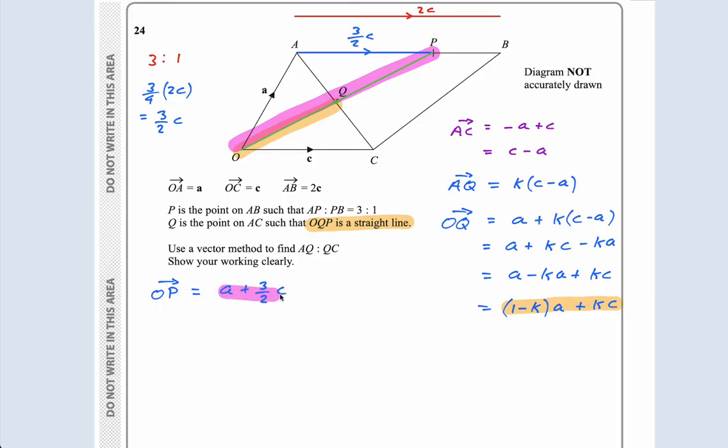So this and this are multiples of each other, which means that, because this has an A component and a C component, and this has an A component and a C component, when we multiply this by something, we get, well, think of it, guys, as a 1 there.